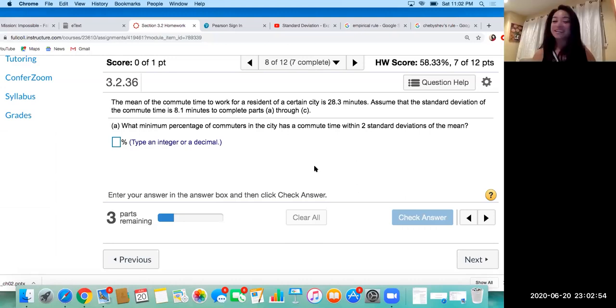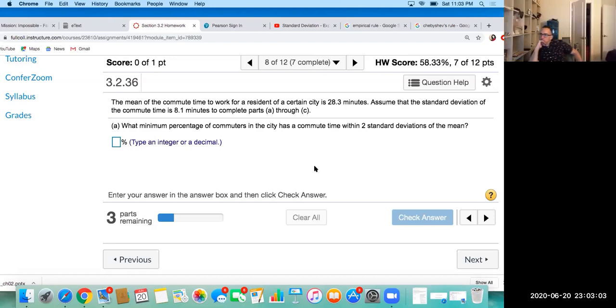Oh my God, hold on. What is this one about? Is it the Empirical Rule or is it Chebyshev? It's Chebyshev's because it doesn't mention anything about a standard normal curve. It doesn't say anything like that.